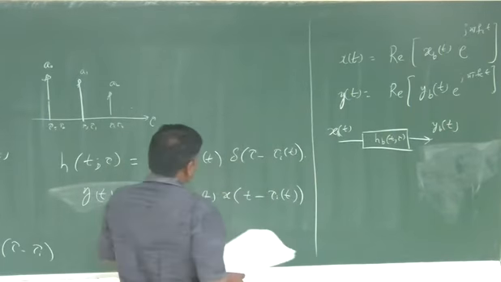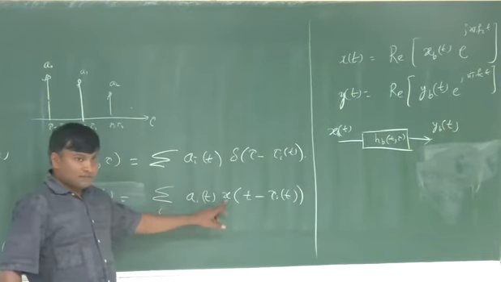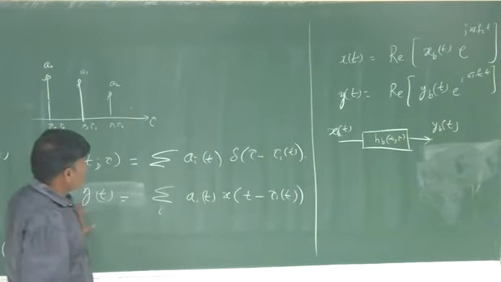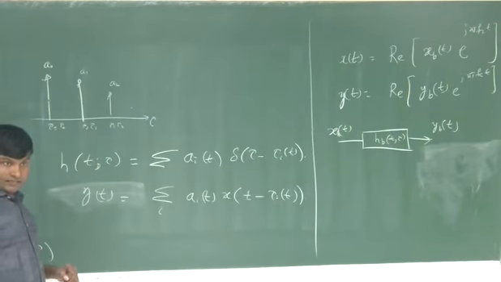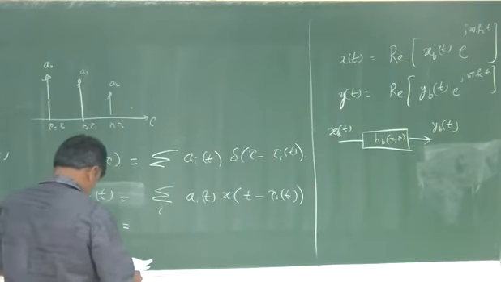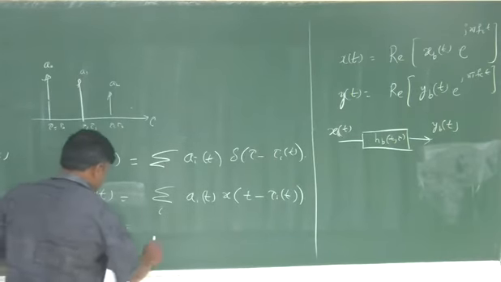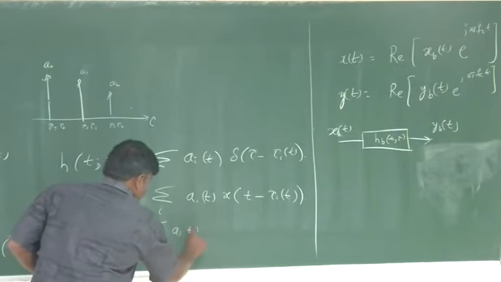What we can do is substitute for x of t here, and we can also substitute for y of t right here. That is equal to the summation over i of a_i of t.